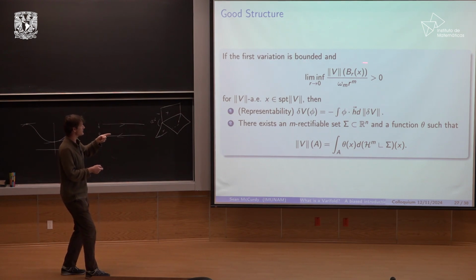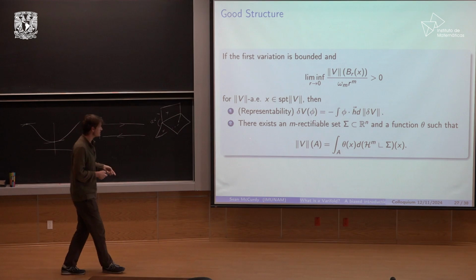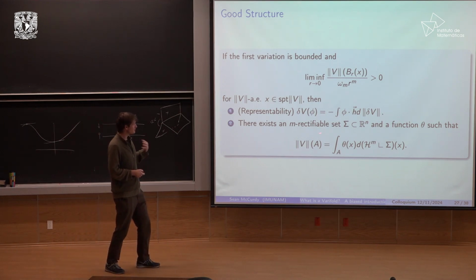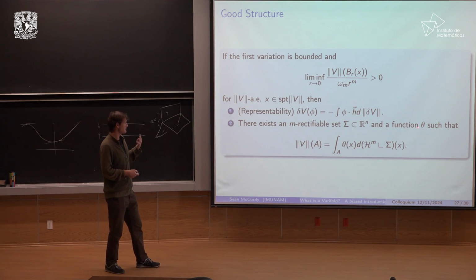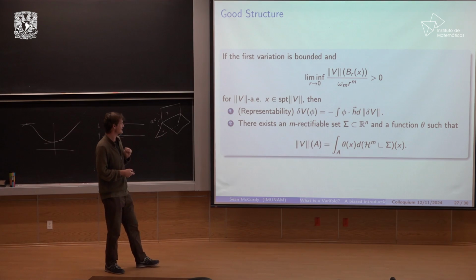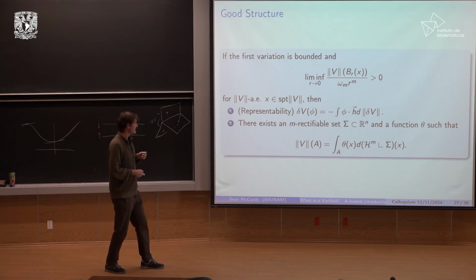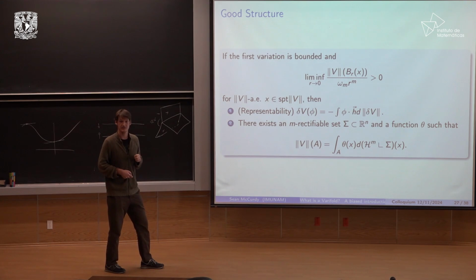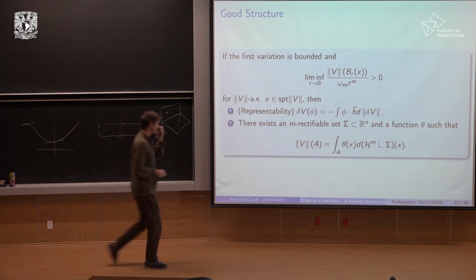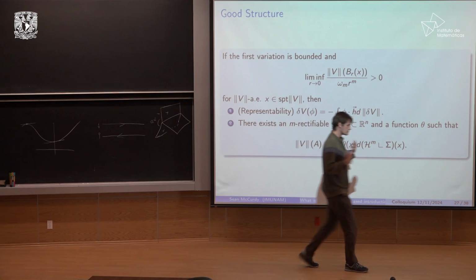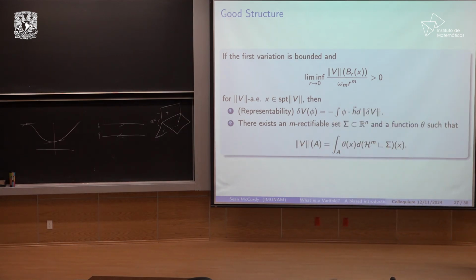But with this extra density condition, actually it shows that there exists some m-rectifiable set sigma and some nice function, by which I just mean measurable, doesn't have to be super nice, theta, such that the mass, which we should think of as the surface area, that's the information that we want, is actually just this weighted integral against the m-dimensional measure on this nice m-dimensional rectifiable set. And rectifiable sets are a really natural class of object in geometric measure theory.